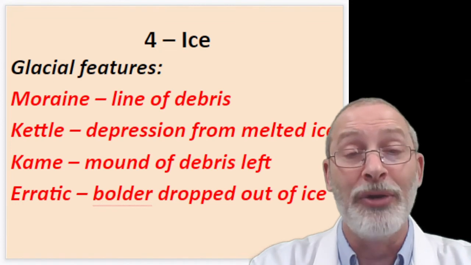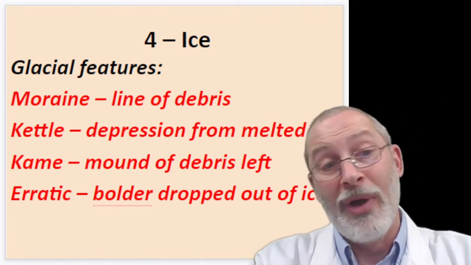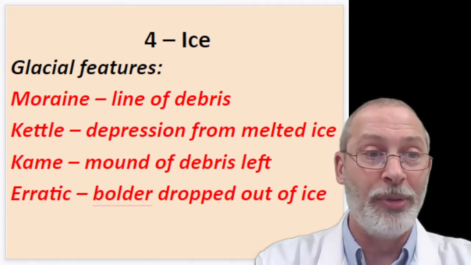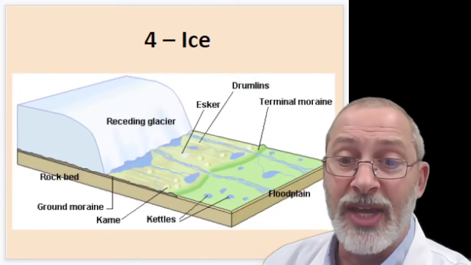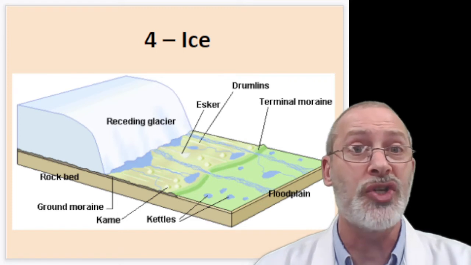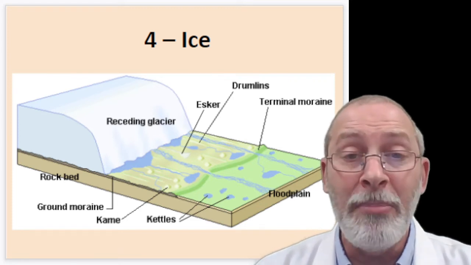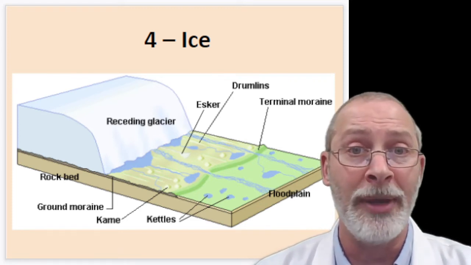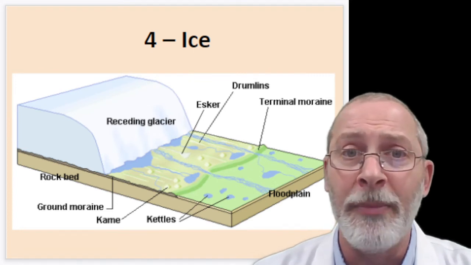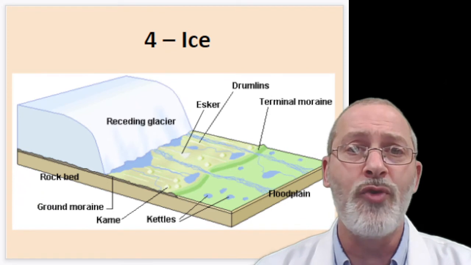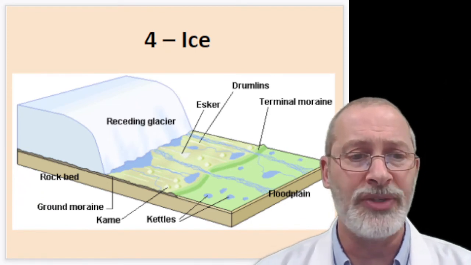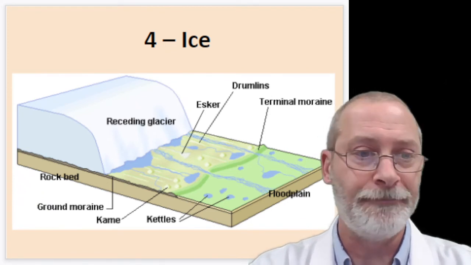Rocks that are out of place. And it's because, well, they are out of place. So the ice age, our last ice age in the continental glacier, certainly had a major impact on our local environment as far as other environments across the country. So lots of different features forming from the continental glacier.